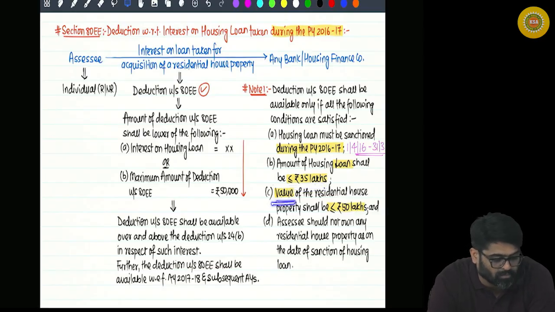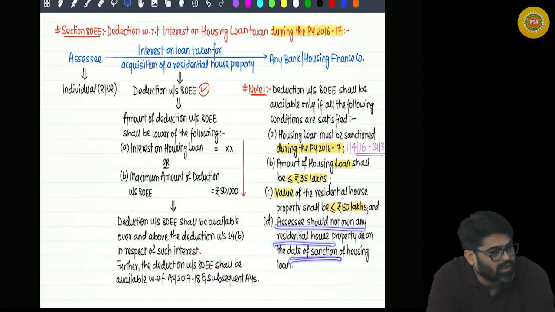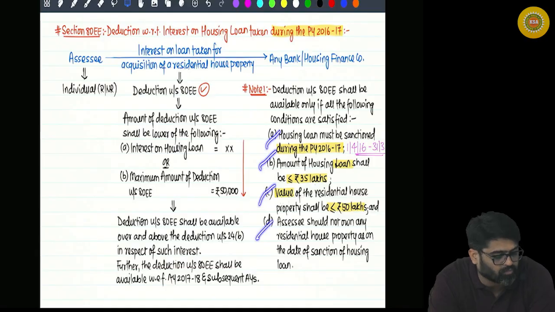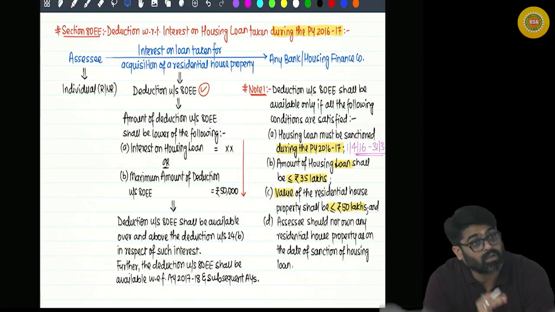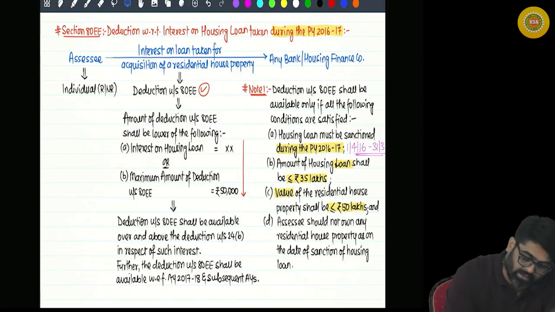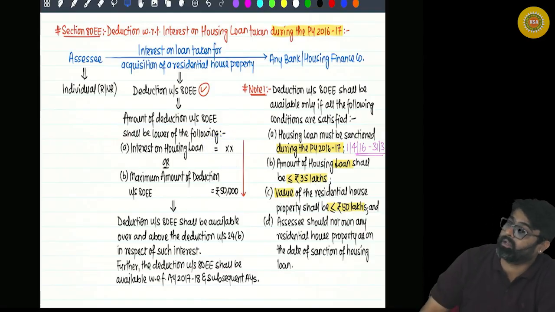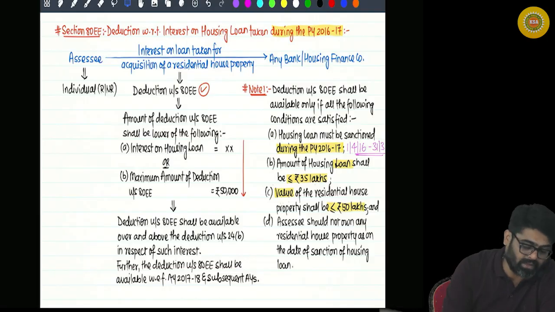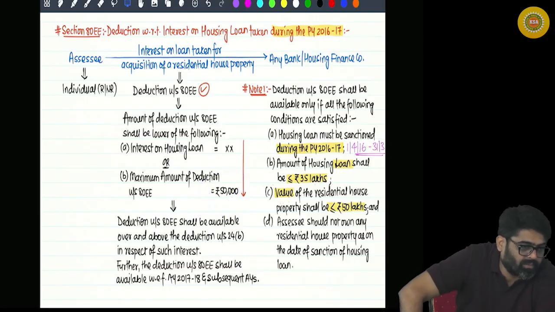The value of that property should not be more than the purchase value limit. And as on the date of sanction, the assessee should not own any residential house. If all four conditions are fulfilled, then on this loan, whatever interest is paid in this year and not allowed under the house property head, that entire interest will be claimed under section 80EE subject to a maximum of 50,000.